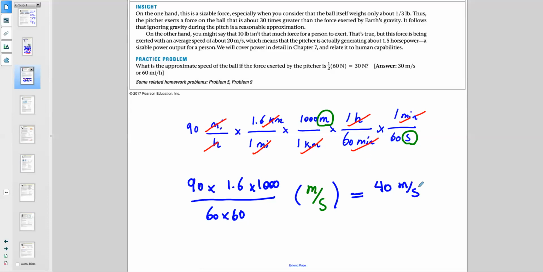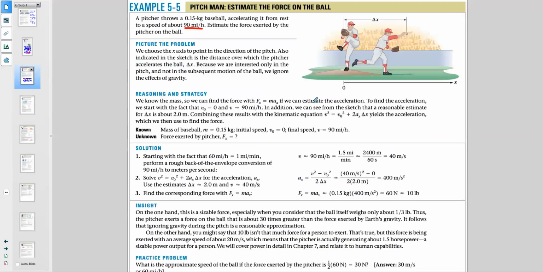Okay, so now that I have turned that, I am looking to see what the problem is asking for. I have a ball which is 0.15 kilogram, accelerating from rest, so initial speed is 0, to the final speed of 90 miles per hour, right?